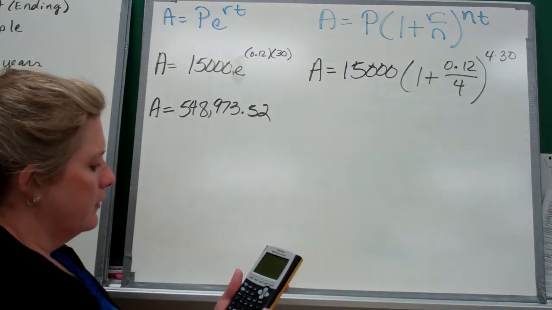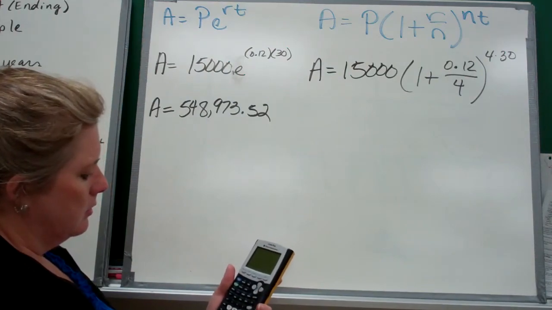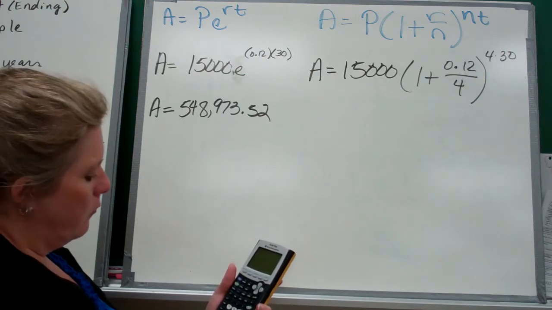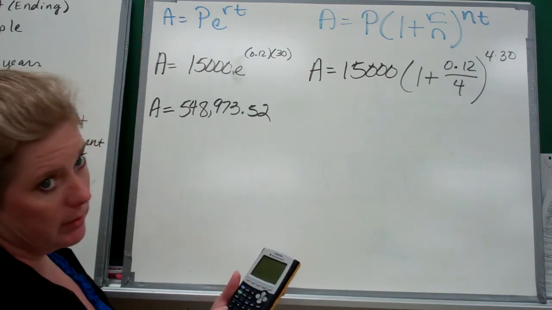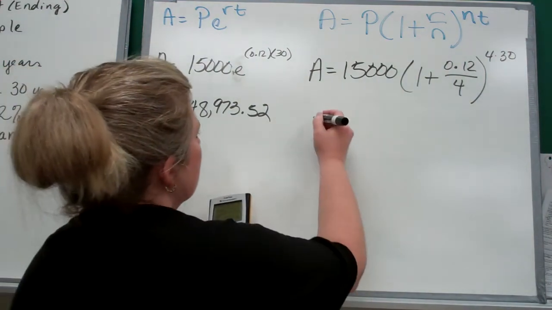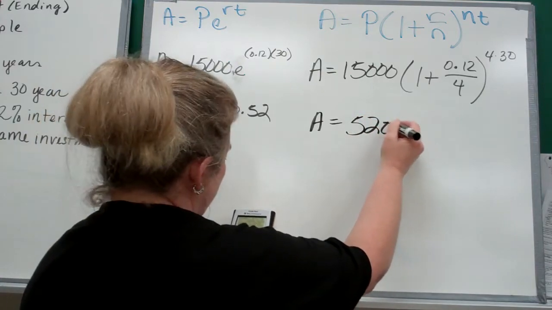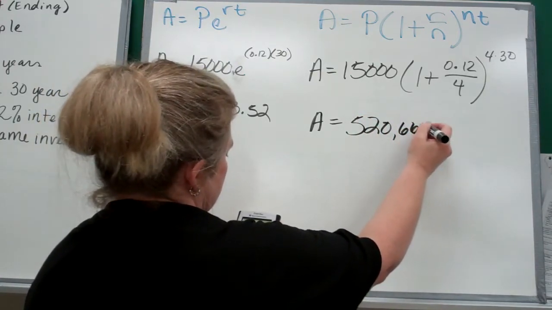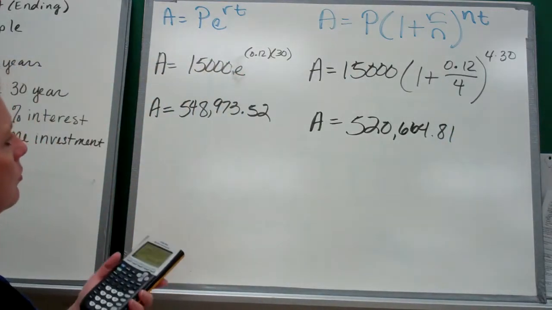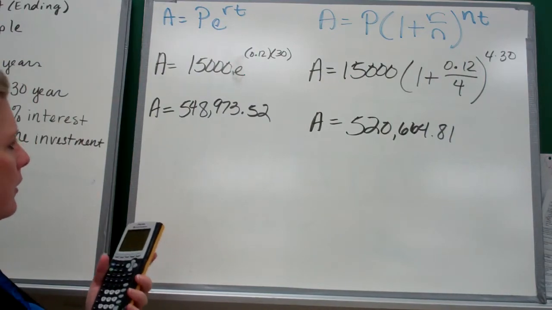So 15,000 times (1 plus 0.12 divided by 4) raised to the power of 120, because 4 times 30 is 120. In this case, my ending amount is $520,664.81. You can tell obviously that one is considerably less than the other.